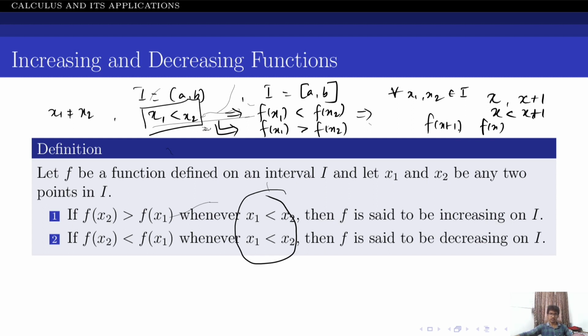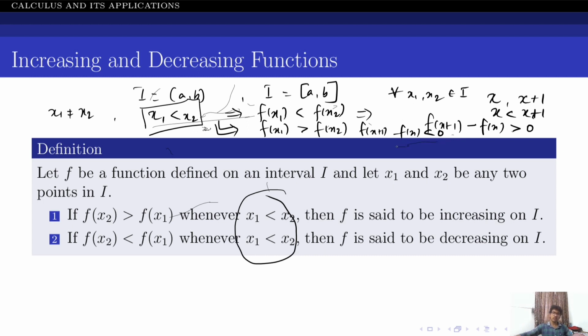If f of x plus 1 minus f of x is positive then your function is increasing, and if it is negative, that is, f of x plus 1 minus f of x is less than 0, it is decreasing, right?